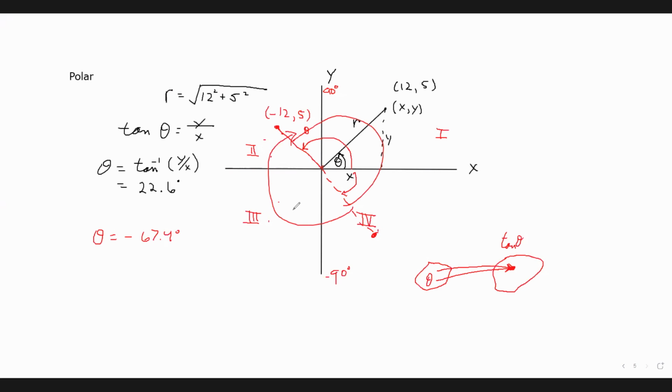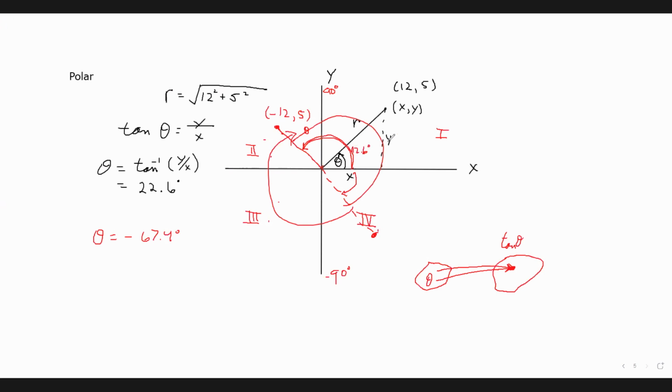So if you take the minus 67.4 and add 180, we get 112.6. So this angle right here is 112.6 degrees.